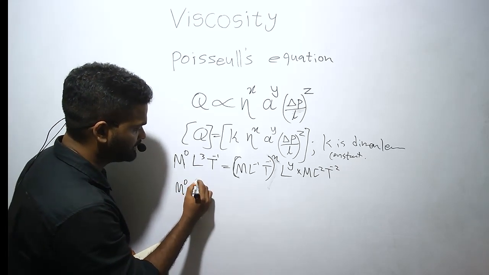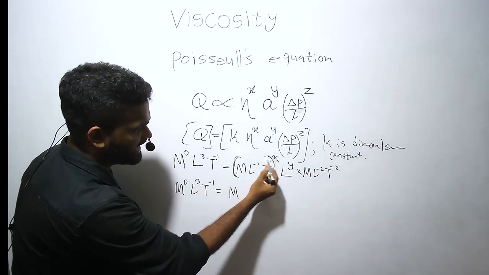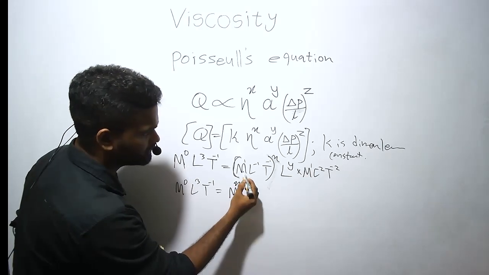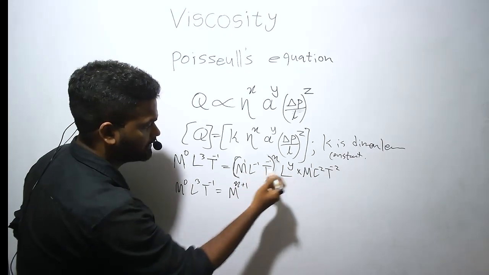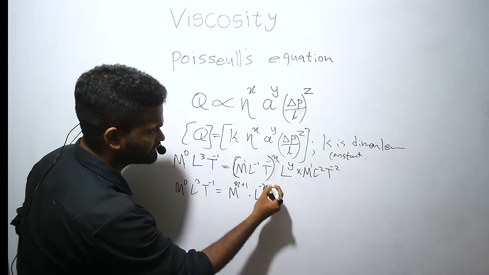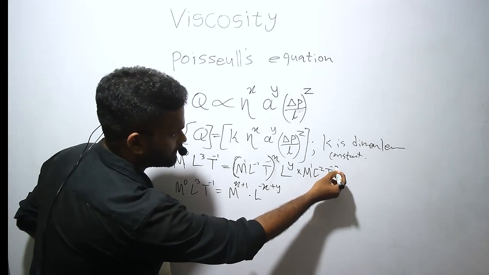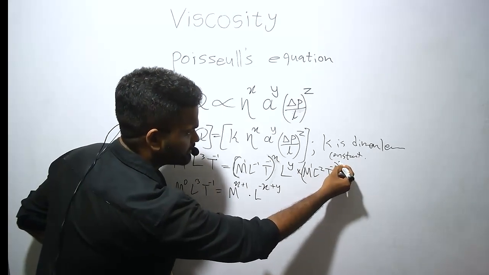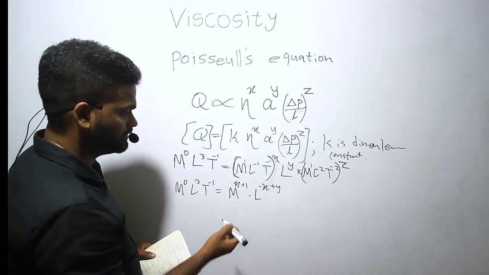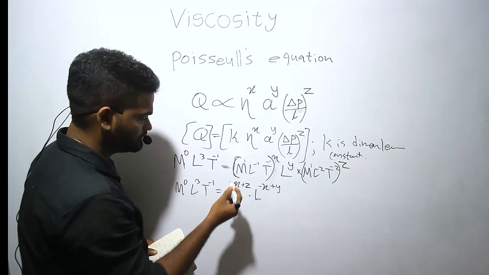Then you have to simplify this: L cubed T to the minus 1, M, that is x, there's a 1 here, x plus... okay? For L, minus x plus y, there's a z term also, right? To the power z here. For M, x plus z actually.